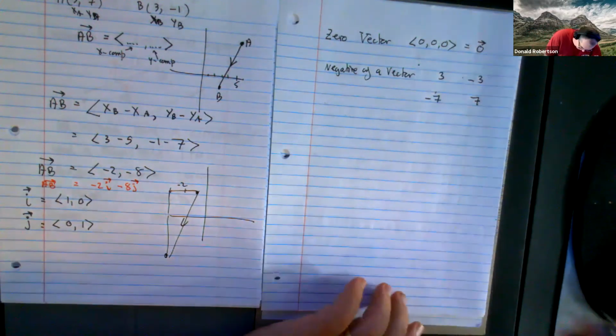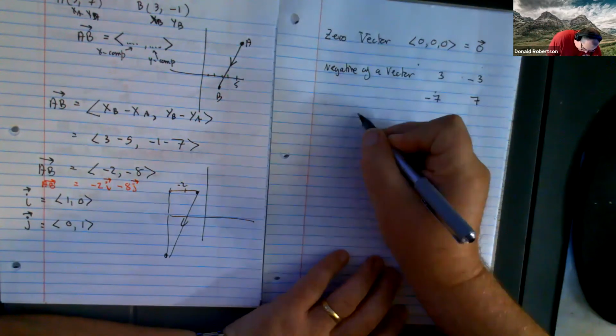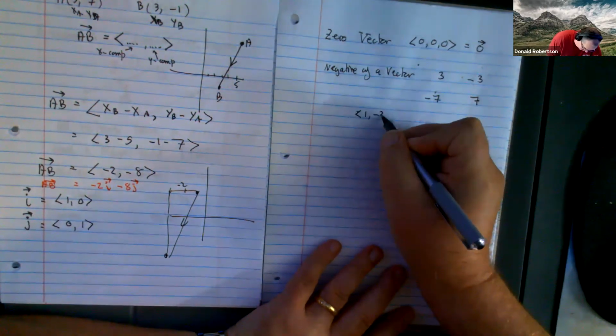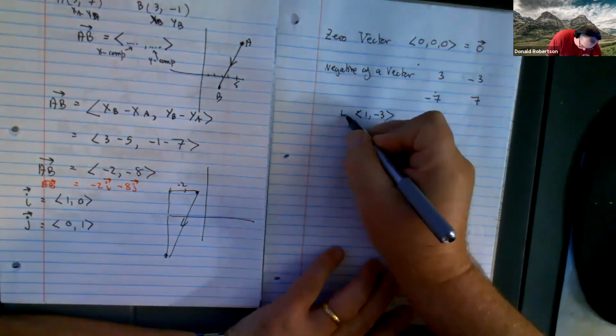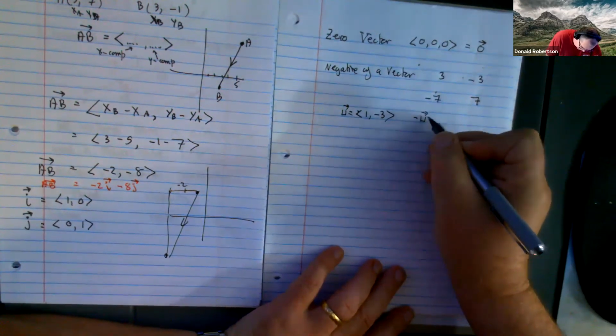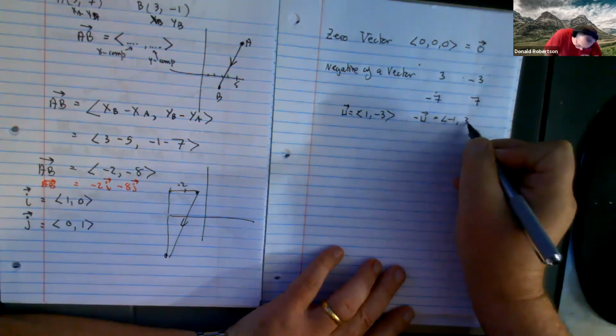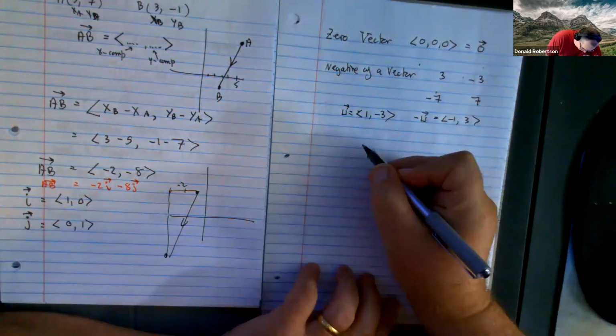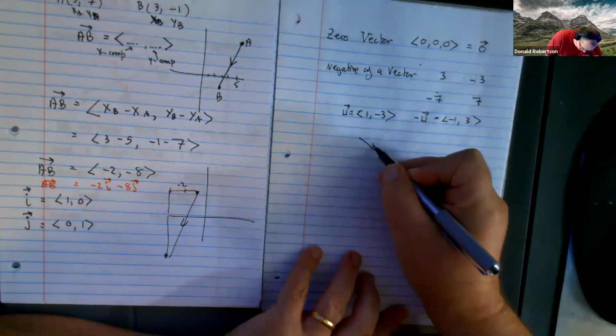Well, vectors have this kind of process as well. If you have a vector, and let's write it down like that, and I'll call this vector u, the negative of u is that.